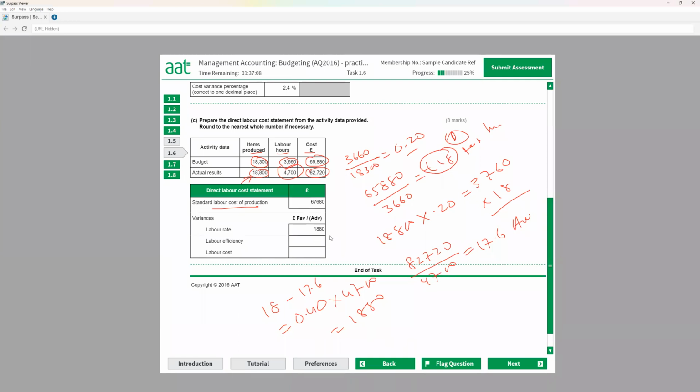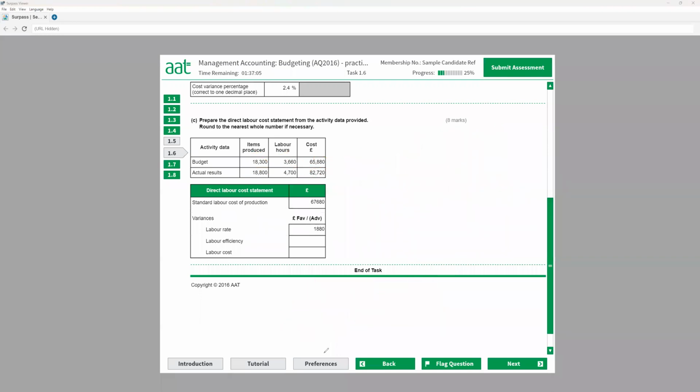Labor efficiency is all about how efficient the employees are. So it means how many hours were supposed to be taken, but how many hours they actually took. As we have calculated before, for 1 unit, we should use 20 minutes or 0.20 hour. So for 18,800 units, it should take 3,760 hours.